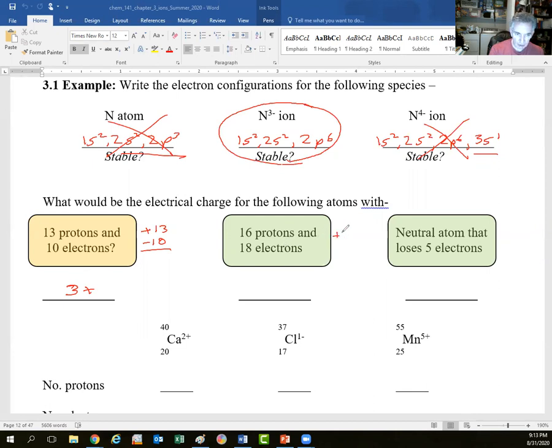Again, the pure math of it. 16 minus 18, that would be minus 2, but we write it as 2 minus, the number, then the charge. Then a neutral atom with an equal number of protons and electrons, which then loses 5 electrons, that would be a charge of 5 plus.